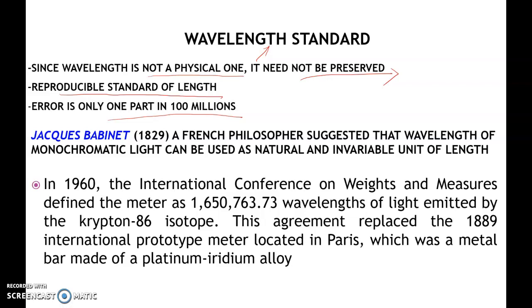By this wavelength standard, we can define the meter as approximately 1.65 million wavelengths of light emitted by the krypton 86 isotope. The only thing is that we have to maintain the material, that is, the krypton 86 isotope. That isotope we can use again and again at any location on the earth to reproduce this standard.